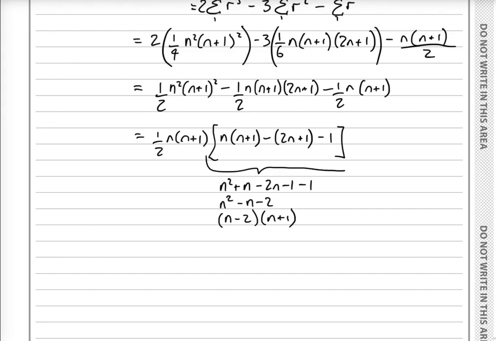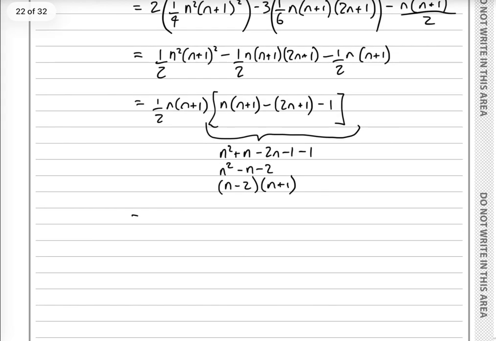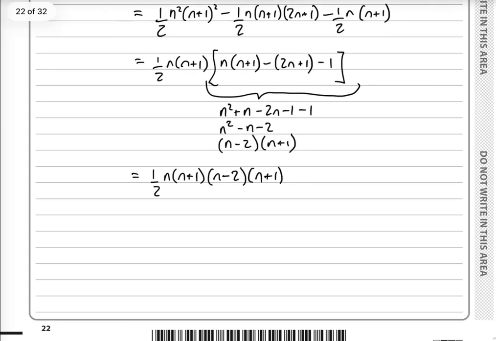So that's this bracket here. So we get a half (n plus 1), and then these two brackets, n minus 2 and another n plus 1. So we just bring those together, (n plus 1) squared (n minus 2), and hopefully that is what it said, yes.